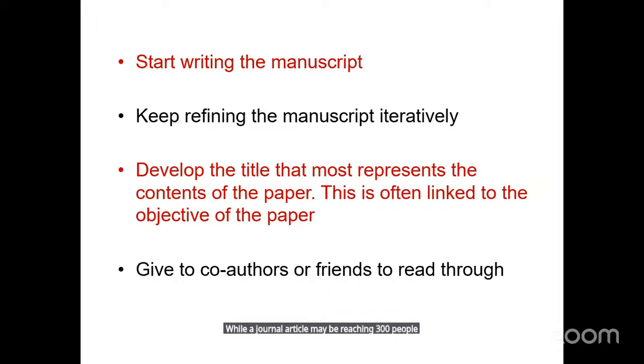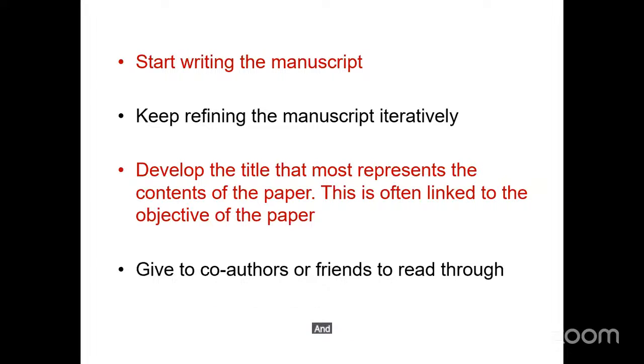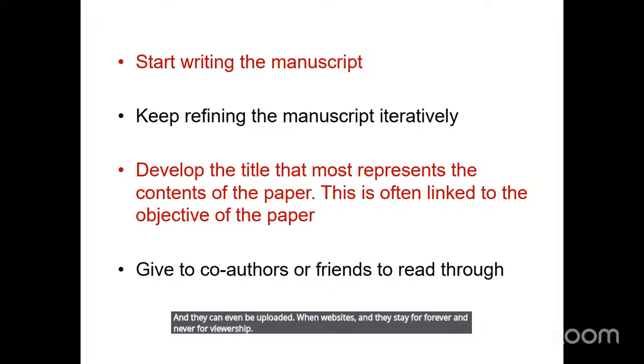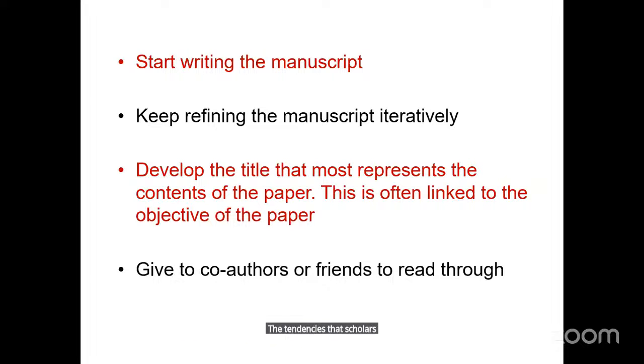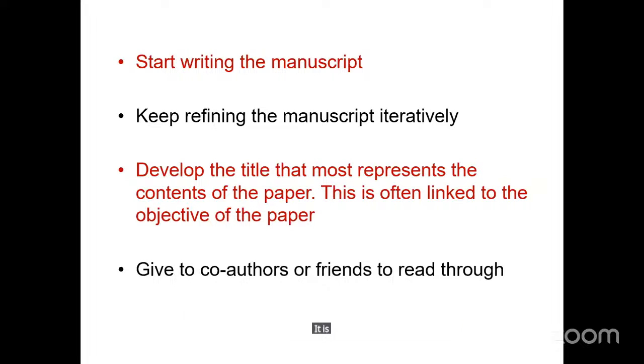So posters are very important in dissemination of scientific information, and they can even be uploaded on websites, and they stay forever for viewership. The tendency is that scholars look at these as a subgrade, but they are not. And similarly, a short communication is only a short communication because it is communicating a step in the research process. So it is not communicating the entire process.